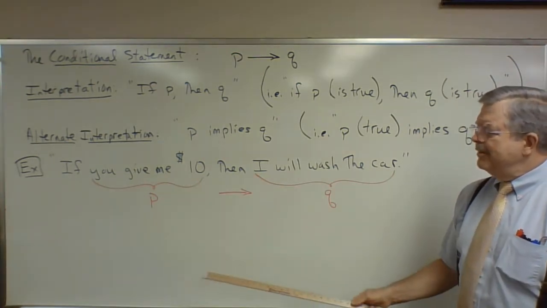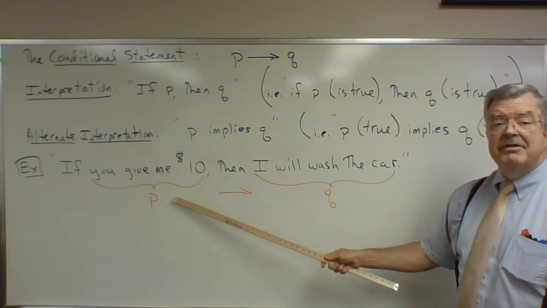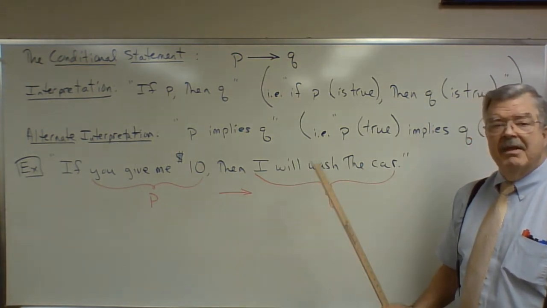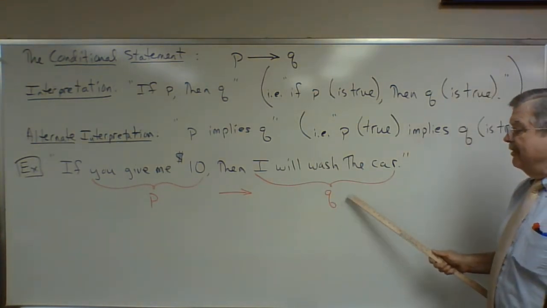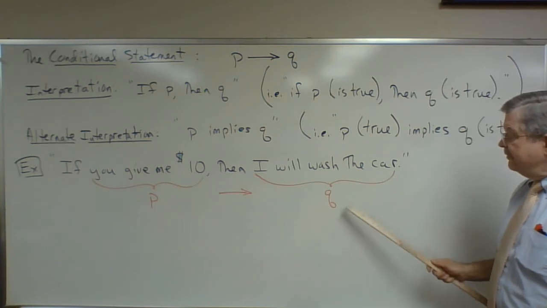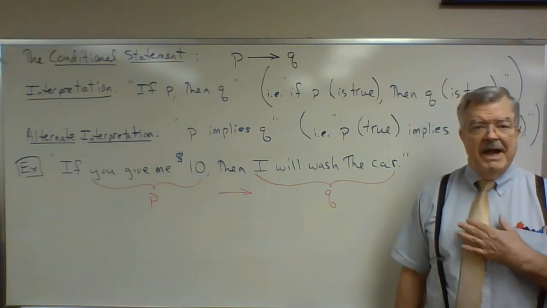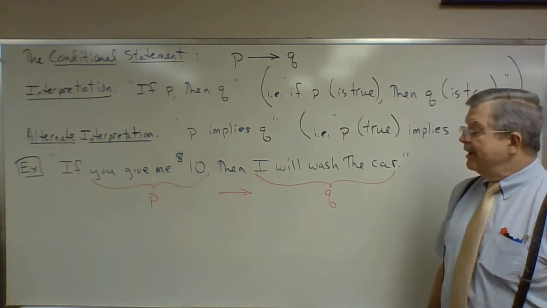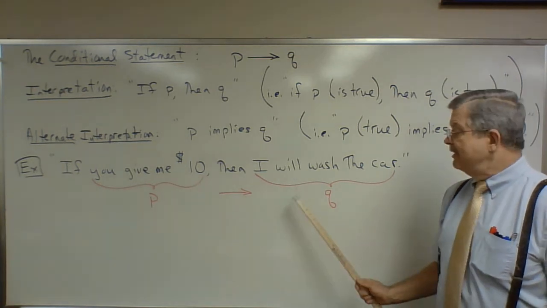So let's examine this. Let's say that my father gives me $10. Then P is true. And let's say that I wash the car. Then Q is true. Am I happy? Yeah, I got my $10. Is my father happy? Yeah. He gave me $10, I washed the car.